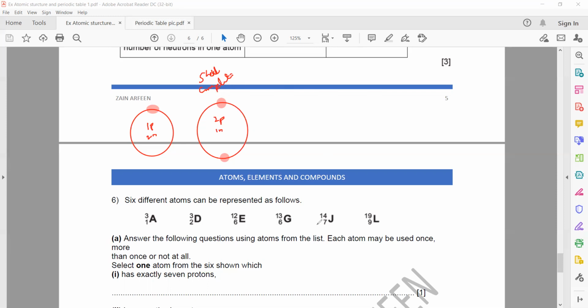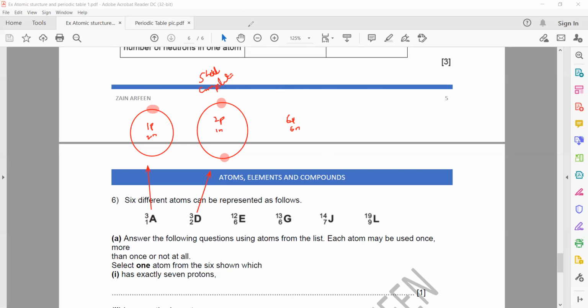Why not E, G, J or L? So I will draw the structure of each. This is the structure of A. This is the structure of D, which is having a complete shell, so it means it's an unreactive noble gas. What about E? E contains six protons and six neutrons.